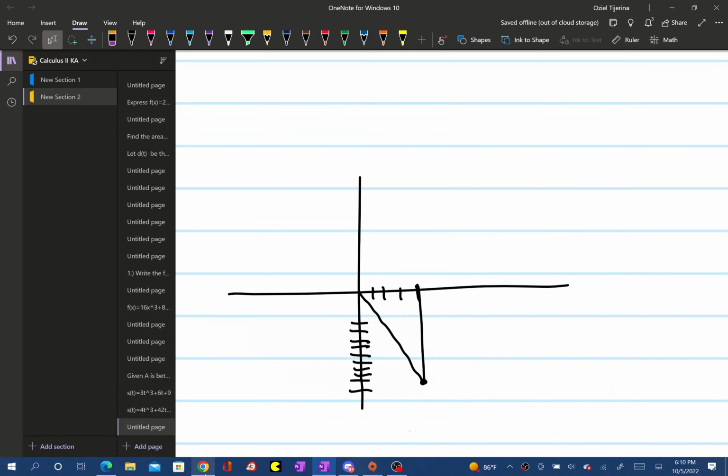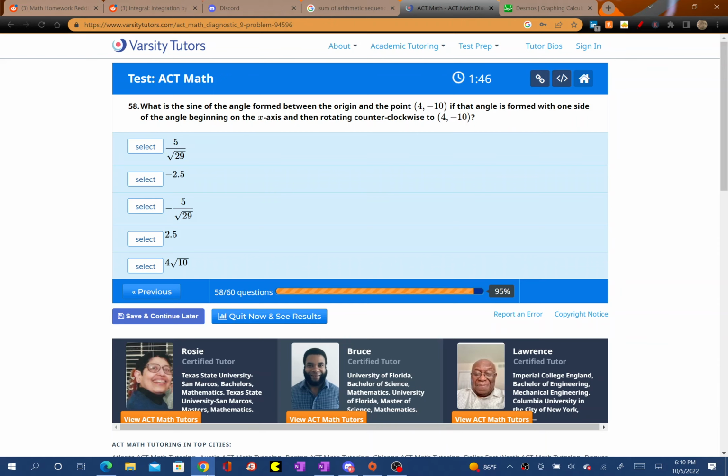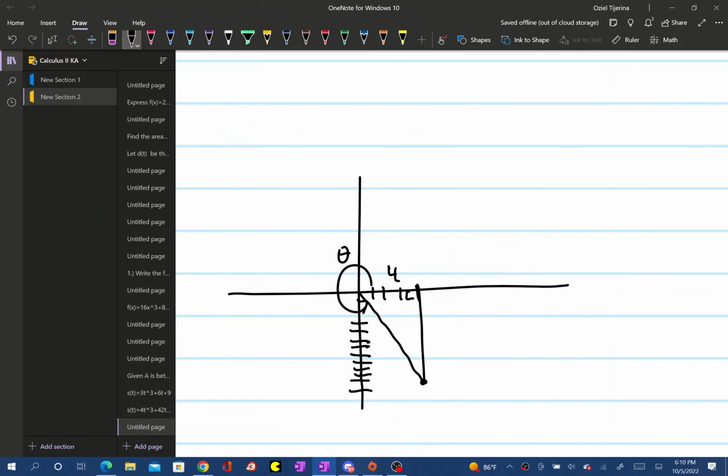So they wanted to know the angle of this. Okay, hold on. 4, -10, so it's 4 here, -10 over here. If I do this is theta, opposite over adjacent.